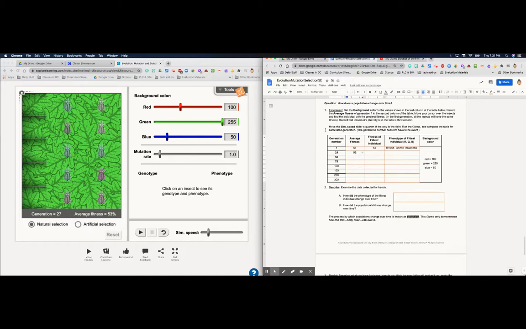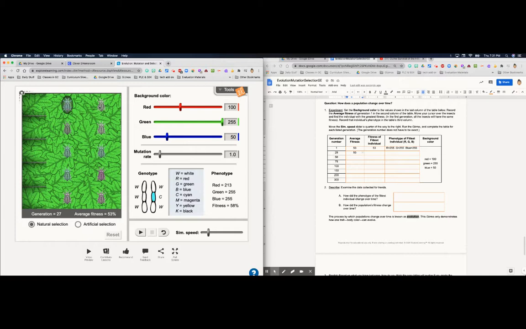And then it says to find the one that has the highest fitness level. So here, there's 58. Ooh, 42, that's not good. All right, so 58 is the highest fitness level for all of those organisms.